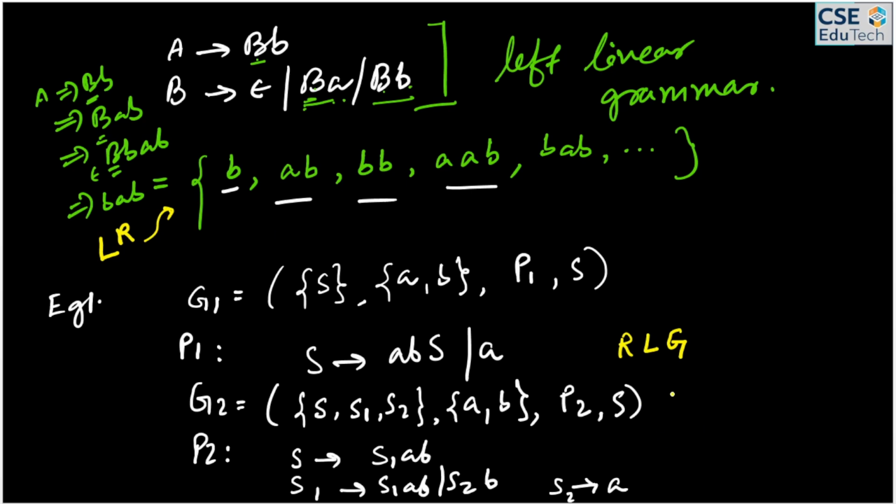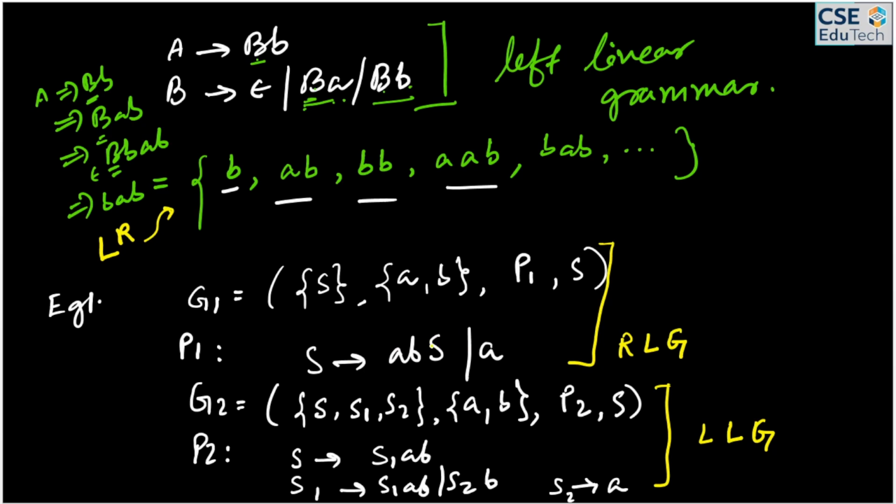So this grammar G2 is basically a left linear grammar, and G1 is basically a right linear grammar.